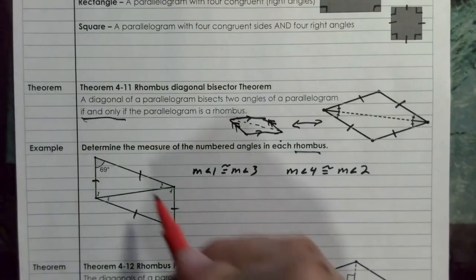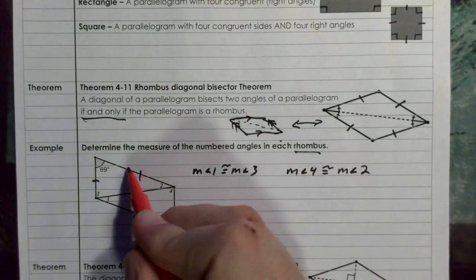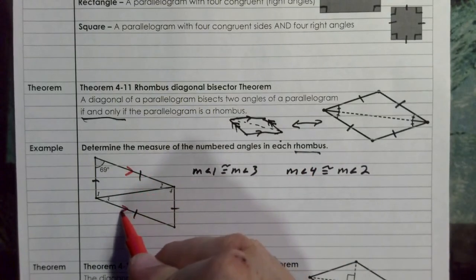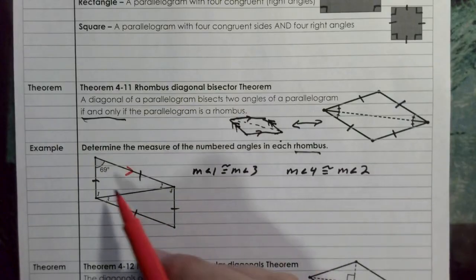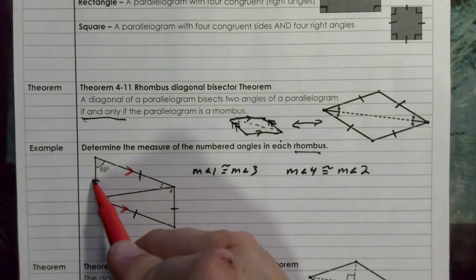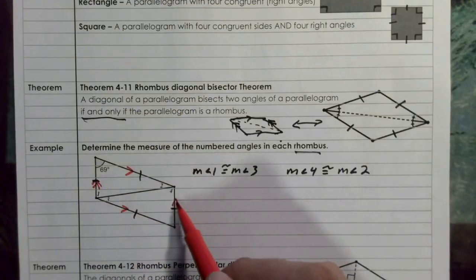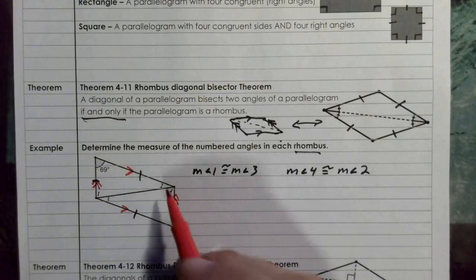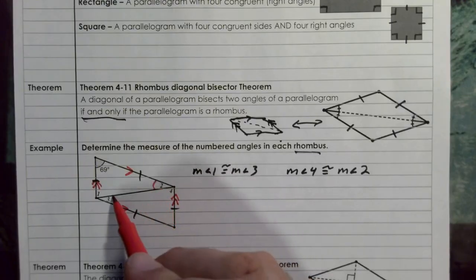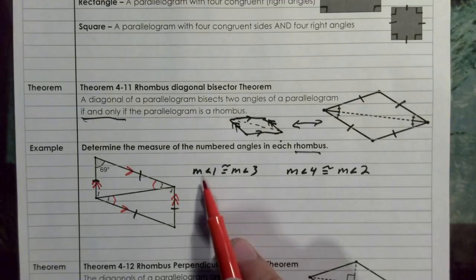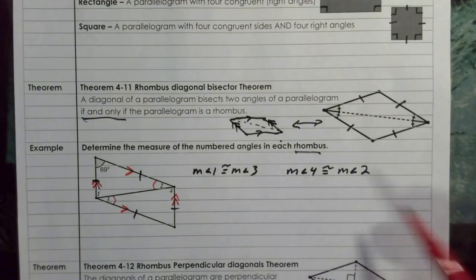Now keep in mind that even though this thing is a rhombus, it's also a parallelogram. And if it's a parallelogram, then these sides have got to be parallel and these sides have got to be parallel. Since those are parallel, if I look at these two angles right here, 2 and 3, I know 1 and 3 are congruent and 2 and 4 are congruent.